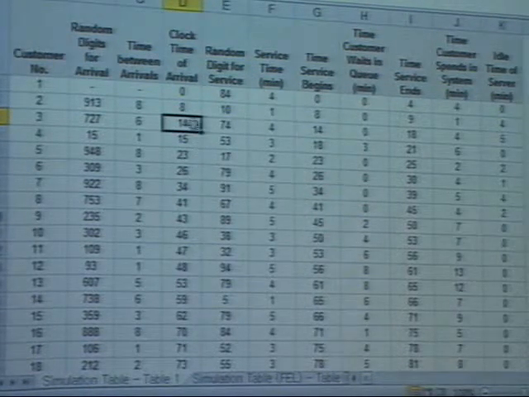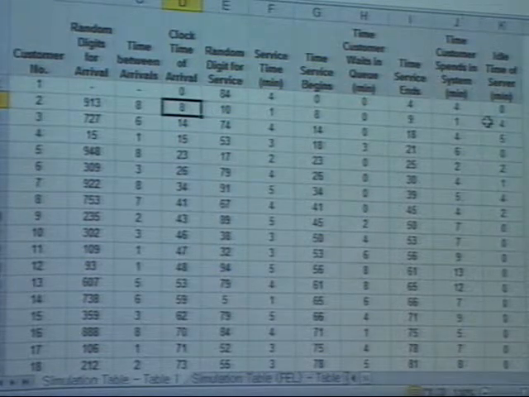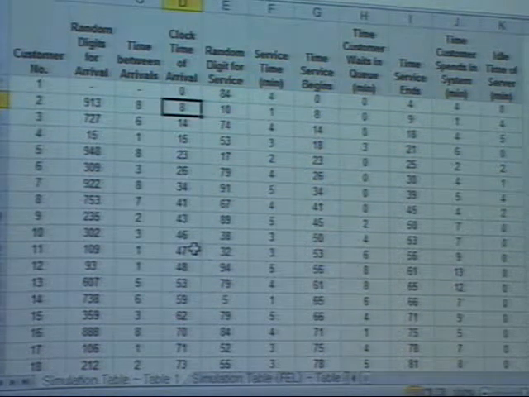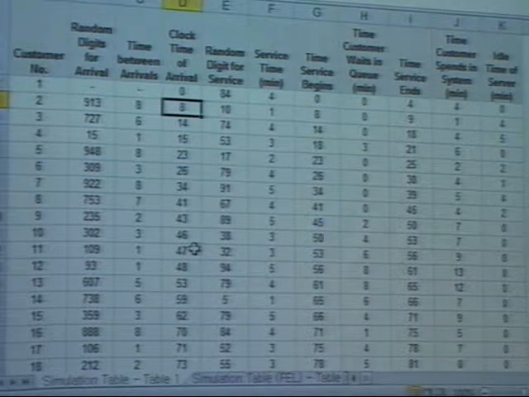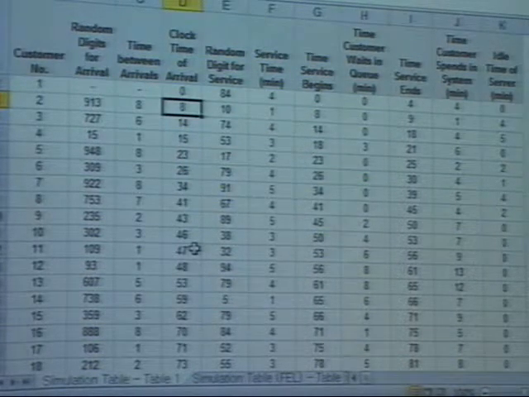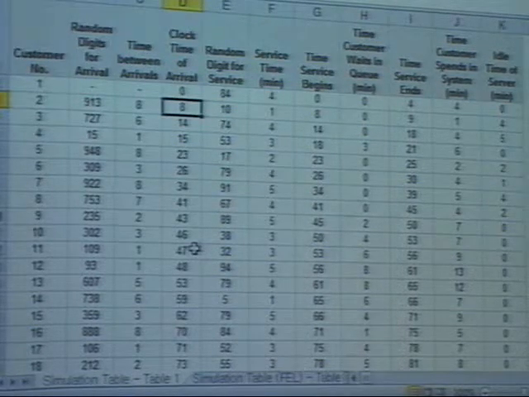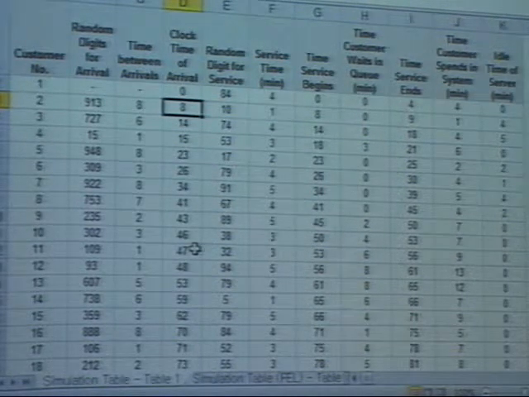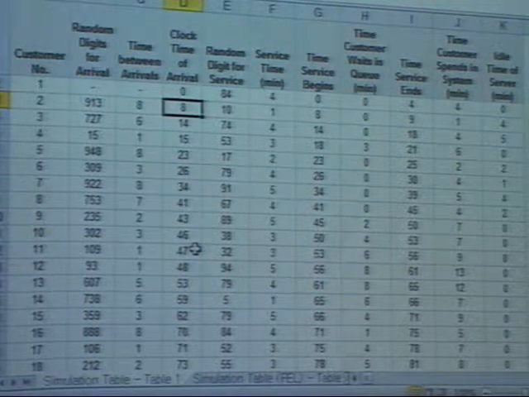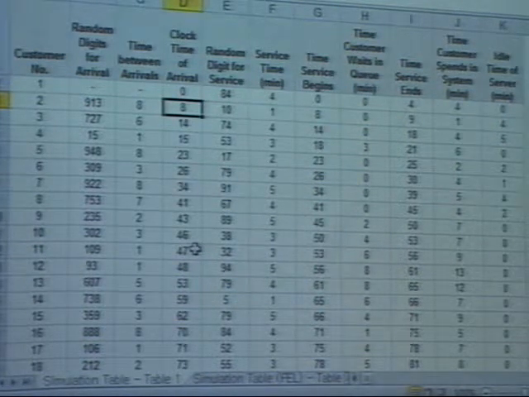When the second customer arrives and the second customer leaves, and the third customer arrives, the third customer leaves, those arrivals and departures are the events. And between the events, the system state does not change. So we proceed from event to next event directly, because during this time nothing changes. So we don't have to look into it. Okay? Question?